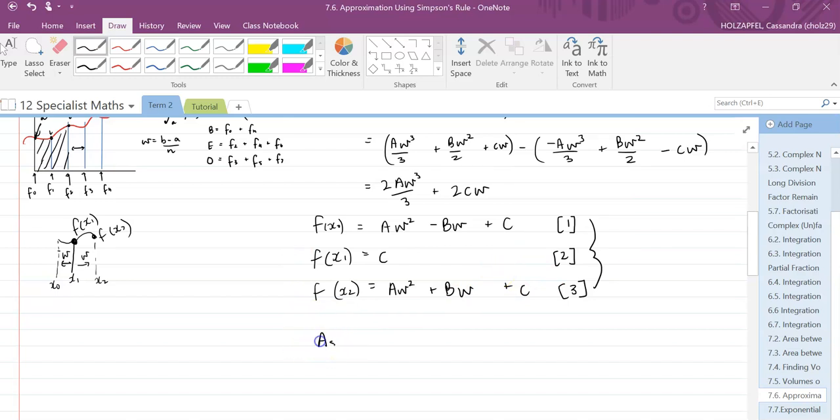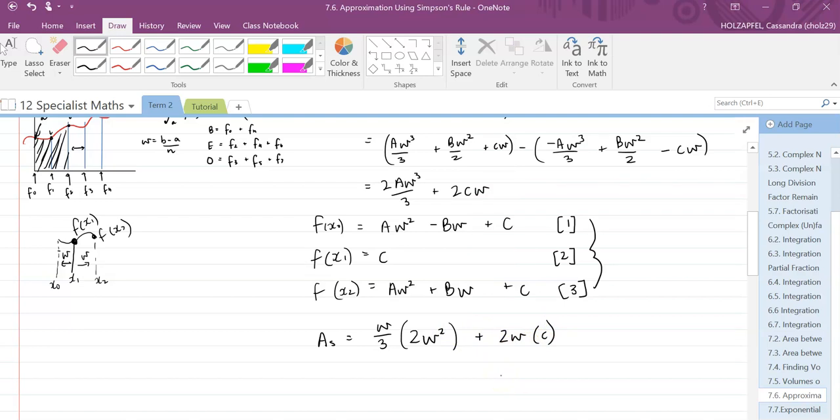And I get my area for this entire area here that I've sketched in black. That entire area I end up getting one third of the width will be equal to 2w squared plus 2wc.